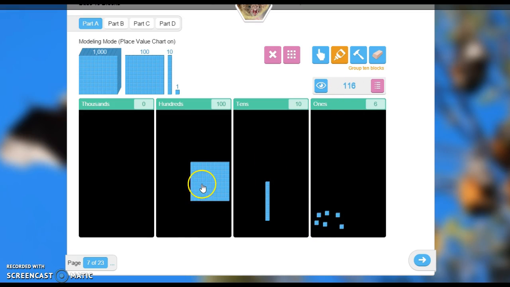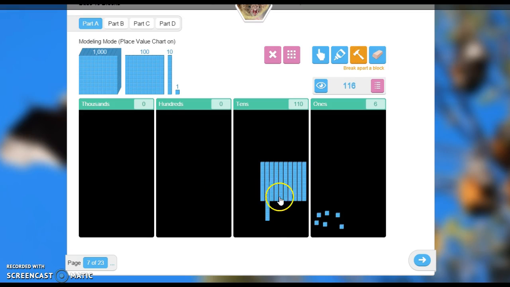So it's really important that students can go backwards and say, hey, if I take this hundreds and I break it up, what do I get? And I get 10 tens. And if I take a 10 and I break it up, I get 10 ones. So now I'm breaking up all of my tens.